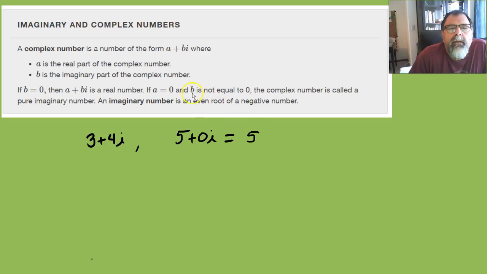If a is 0 and b is not equal to 0, say 0 plus 2i, this is purely an imaginary number. They're all complex numbers. If we go back to the earlier lesson on the real number sets, complex numbers include all the real numbers, but also include the imaginary numbers as well. So this is the biggest number set.